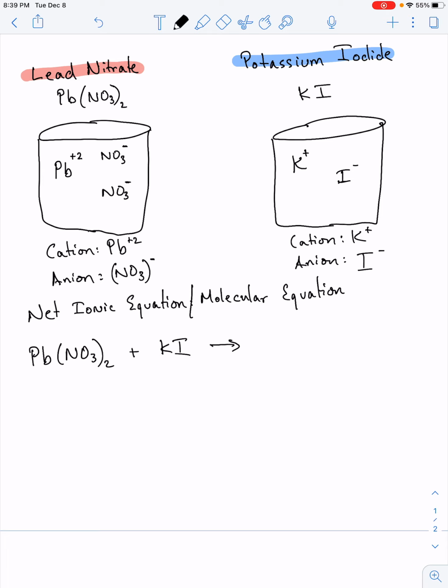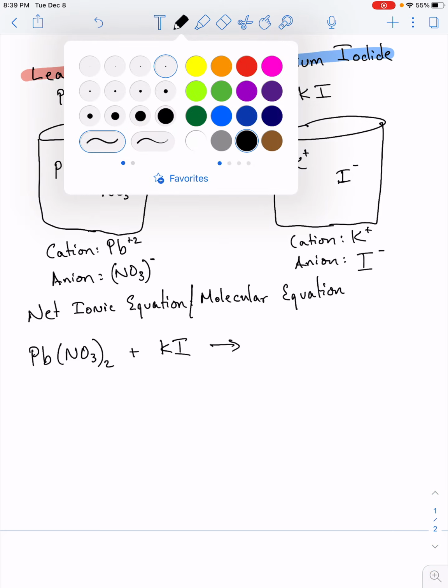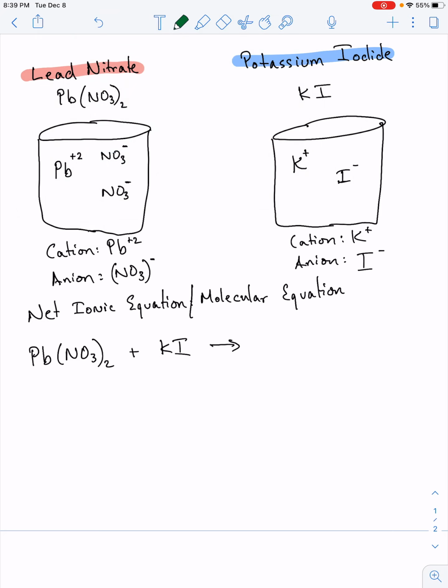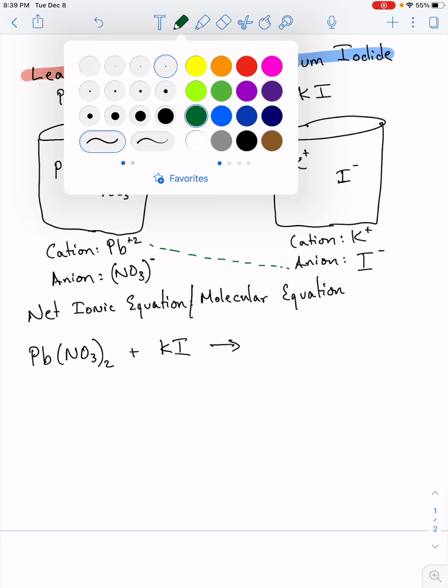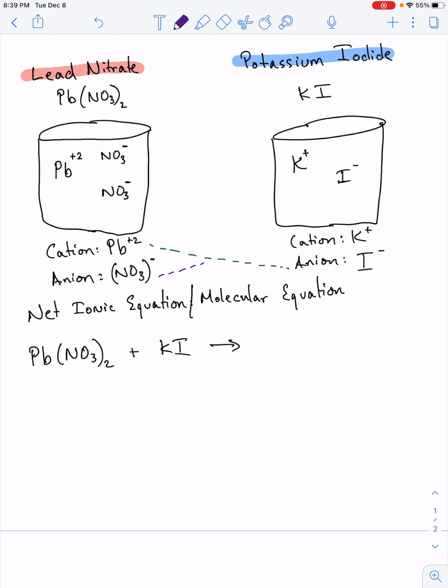And the reason I like to write out my cations and my anions like this is because I know that my cation from one substance is going to bond with the anion from the other. And then my anion from the same substance is going to bond with the opposite cation to form both of my products.